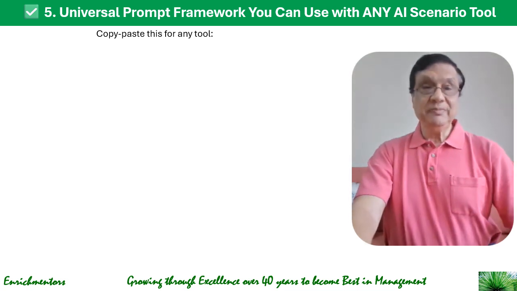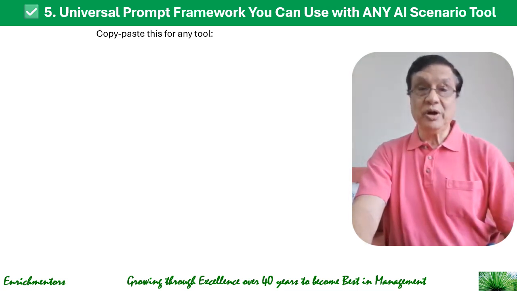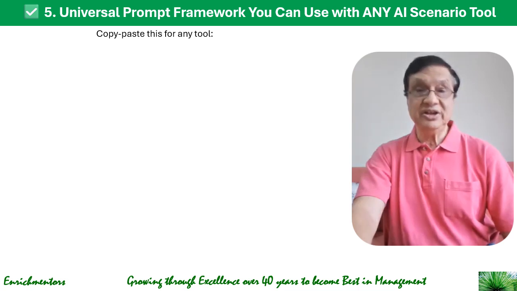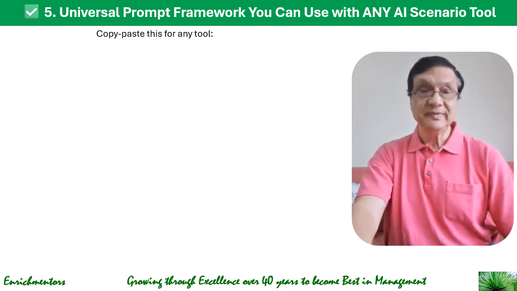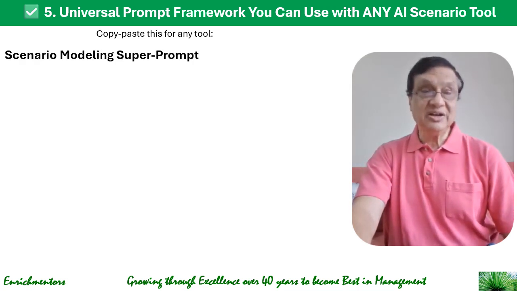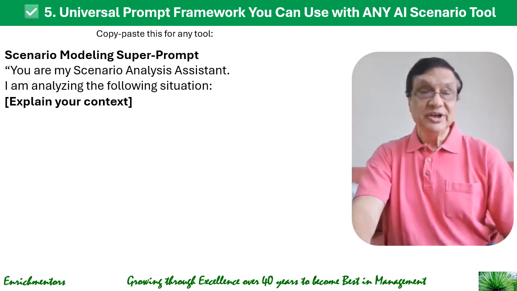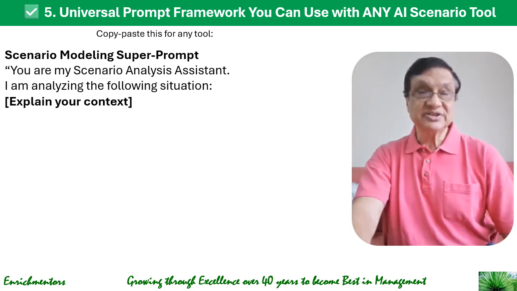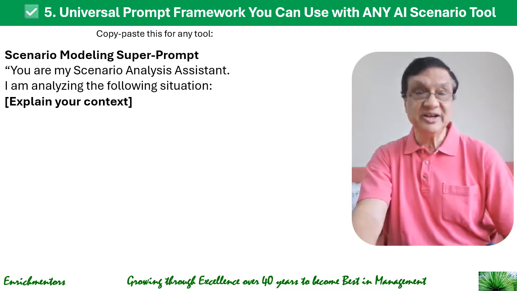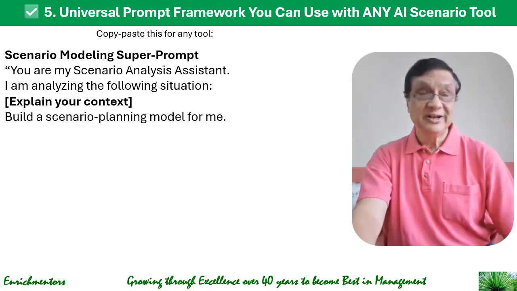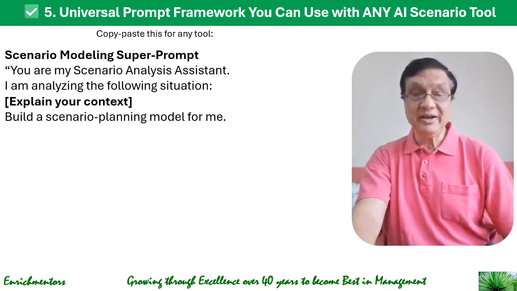Let's take a look at some universal prompts that you can use with any scenario tools by simply copy pasting. Let's start with the scenario modeling super prompt. You start by defining the role as a scenario analysis assistant, and then you explain your context. What situation are you analyzing? Then you ask it to build a scenario planning model for you, and you define the task.